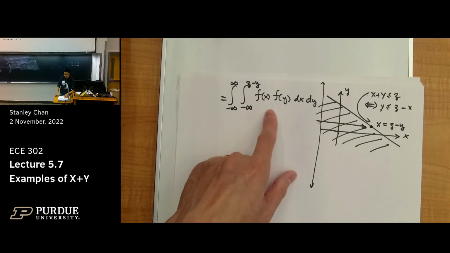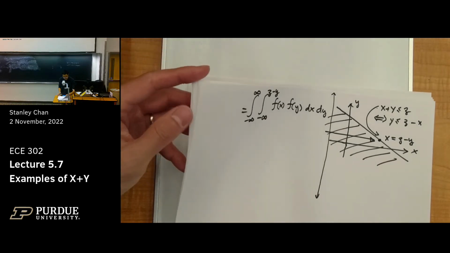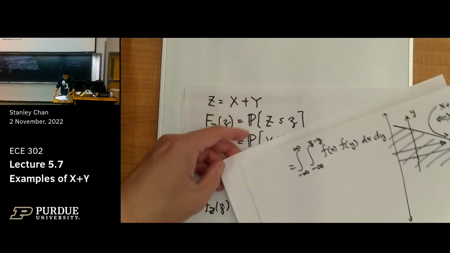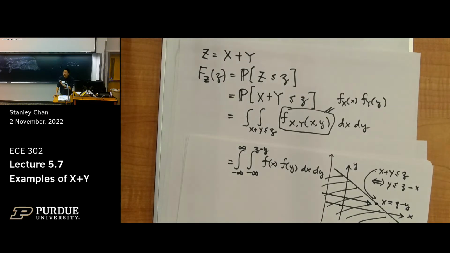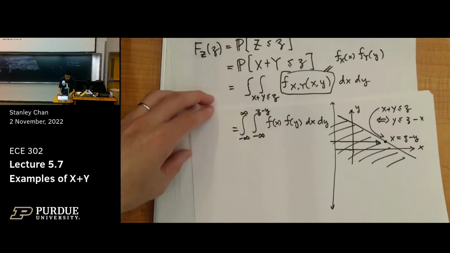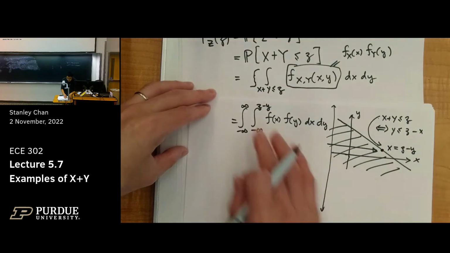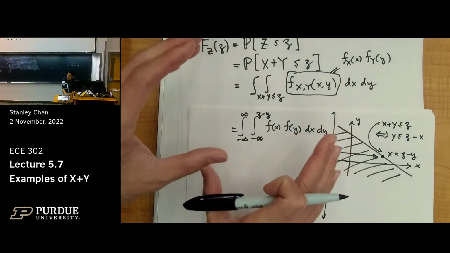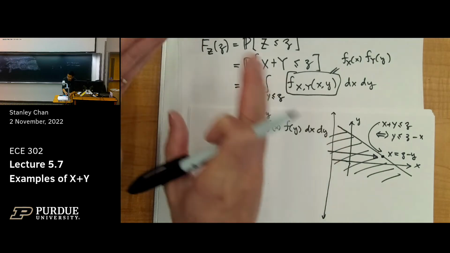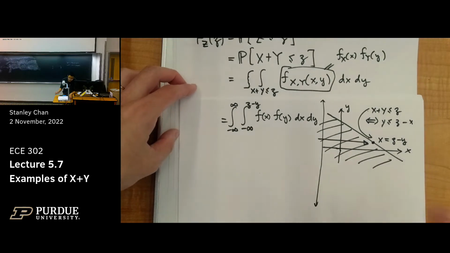This statement here is true from the beginning up to this point, for any fx, any fy. It's very generic. So that's the answer for this CDF. I haven't plugged in any formula yet, but that is the general form of the CDF FZ.